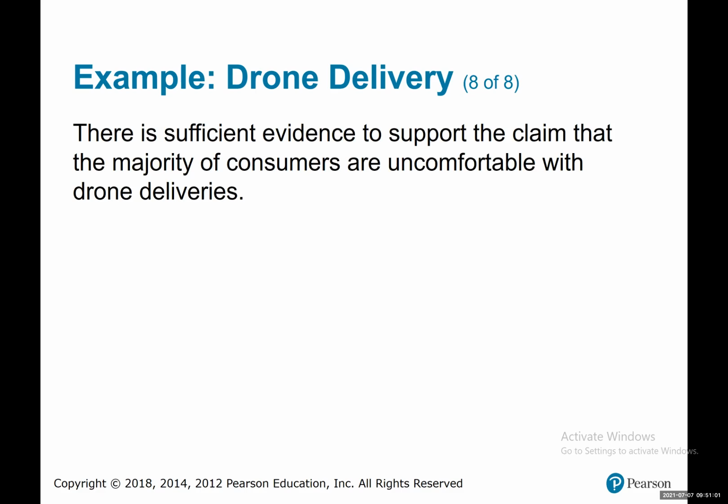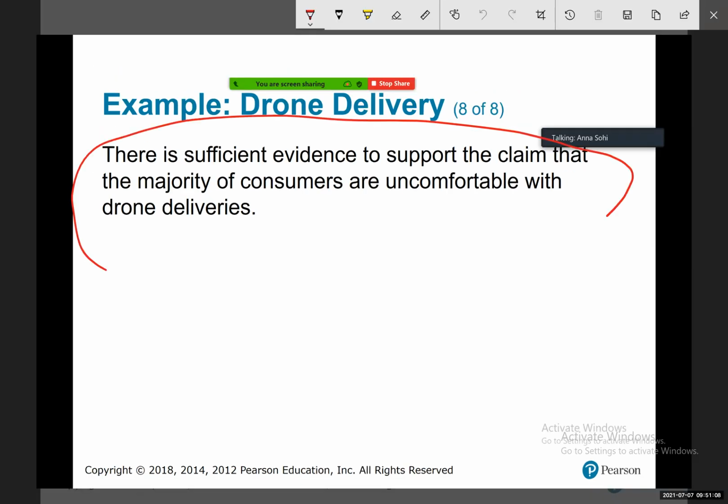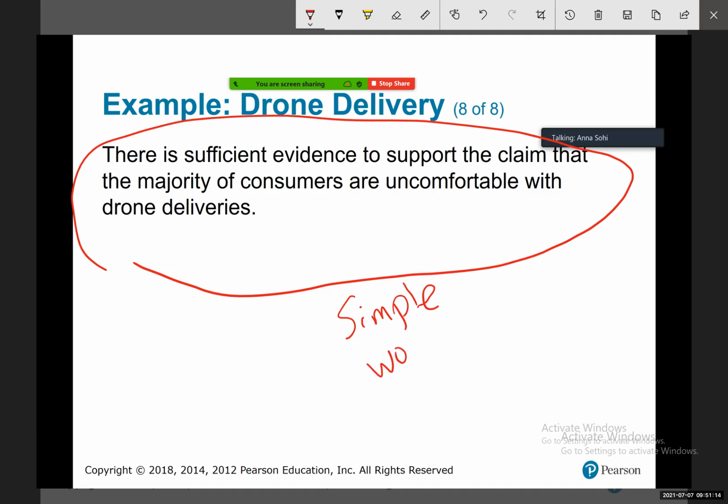Okay. And here is the last step where you write the conclusion. You always need to use simple words. There is sufficient evidence to support the claim that majority of consumers are uncomfortable with drone deliveries. When you write the conclusion, anyone should be able to read it without having any statistical background.